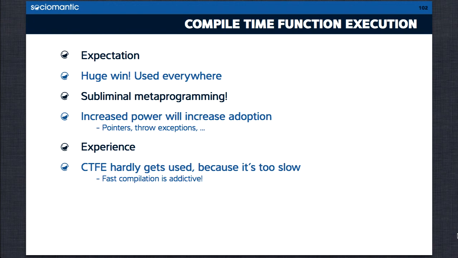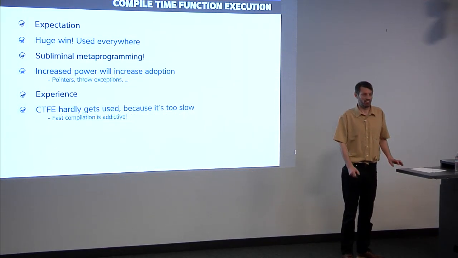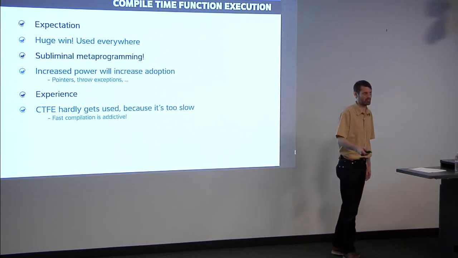Once your programmers are used to things compiling in seconds, if you do something that makes your compilation 5 seconds longer, people actually notice. The normal compilation time is so fast that it doesn't break your concentration. A few extra seconds actually makes a big difference to your thought processes.